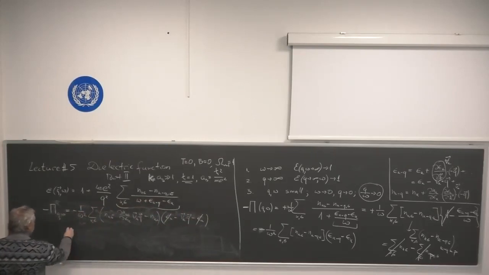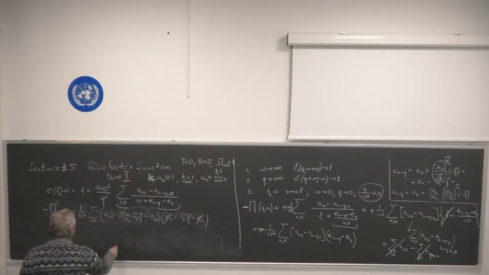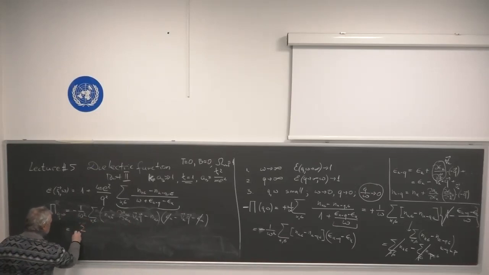Therefore, it is equal to minus. Now I assume that my spin index corresponds to the characterization of the degenerate state. Therefore, I take the summation over spin explicitly: minus 1 over 2 over omega squared, sum over k.